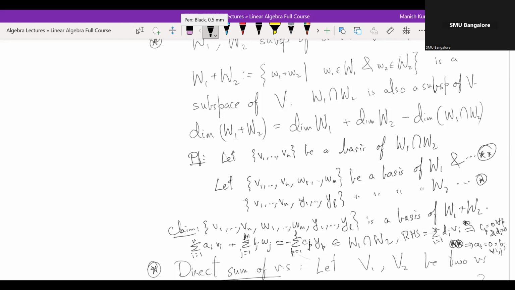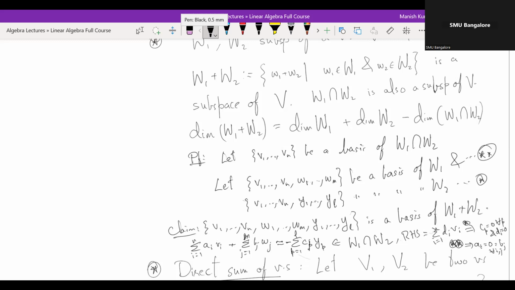So you write this equality, and then the right hand side is in W2, and it is in W1 intersection W2, because the left hand side is in W1. So the right hand side you can write as a linear combination of VIs, but then you have expressed a relation between VIs and YPs, and they are linearly independent, so all the coefficients must be 0.